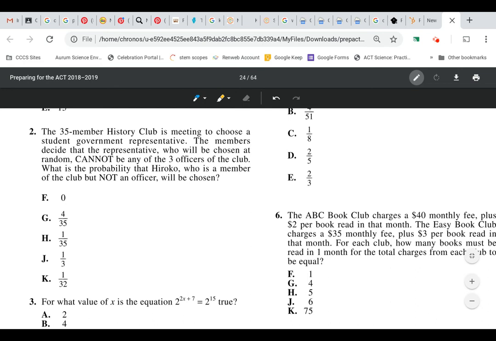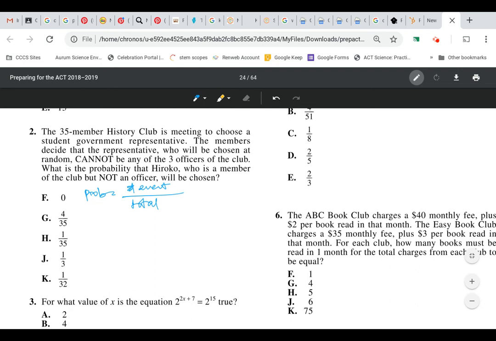So, if it's a simple probability, it's equal to the number of events over the total number. Right? So, the number of events is the person here who needs to be chosen, right?